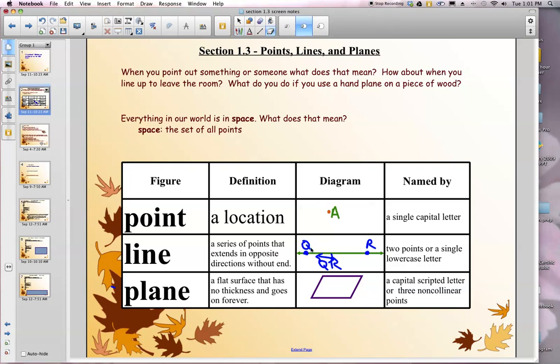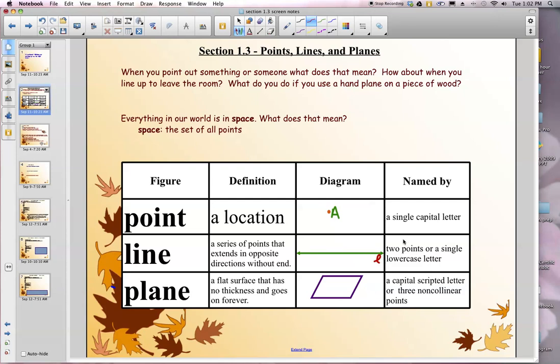The other way that you will see a line named is a lot of times you will see a line, but there won't be any points labeled on it. Well, if there aren't any points labeled on it, you can't use points to name it. Instead, what you'll see sometimes is a little lowercase letter that's just kind of floating around by the line. That single lowercase letter represents the entire line.